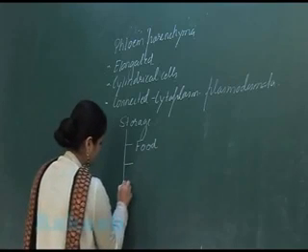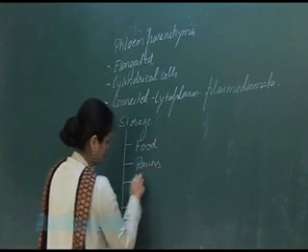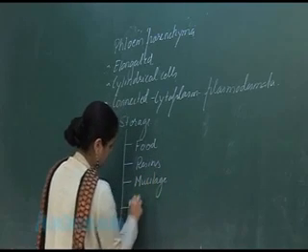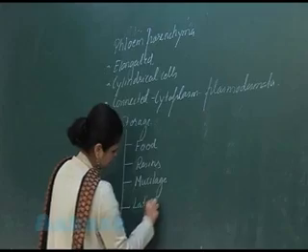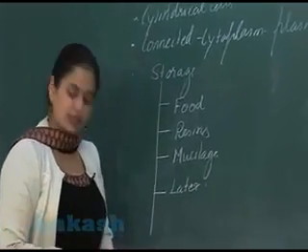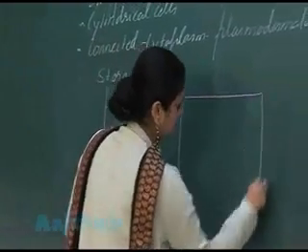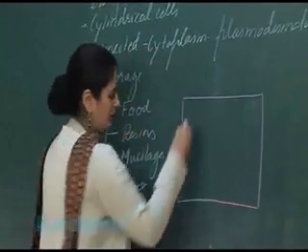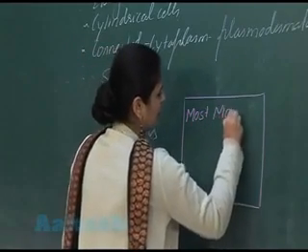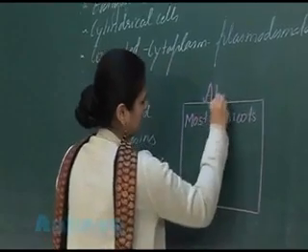Along with that, involved in the storage of resins, mucilage and latex. A very important thing which needs to be learnt here is that this phloem parenchyma is absent in most of the monocots. Very, very important.